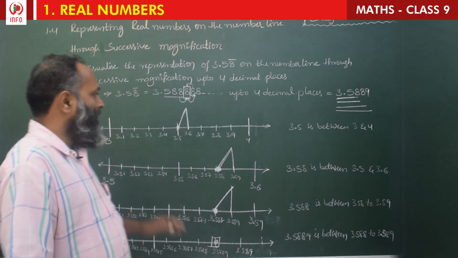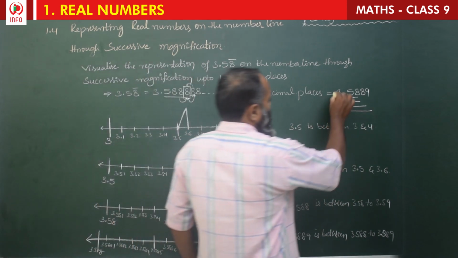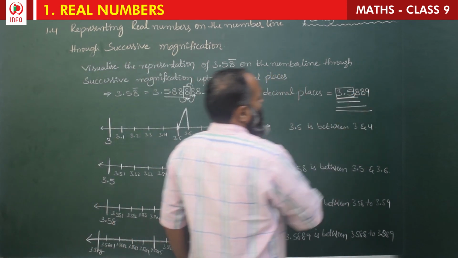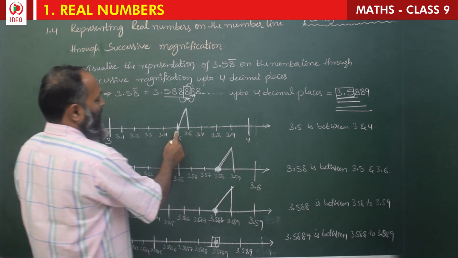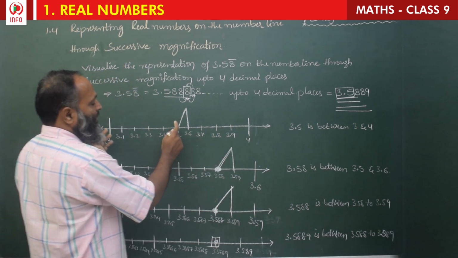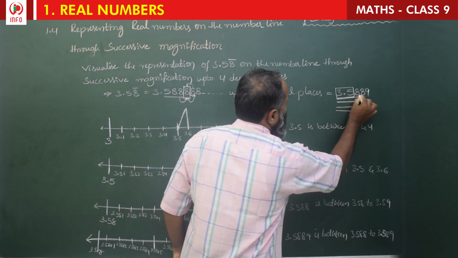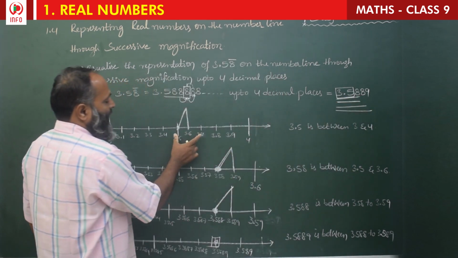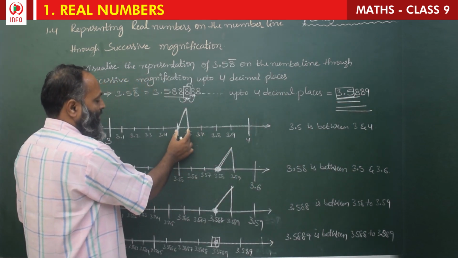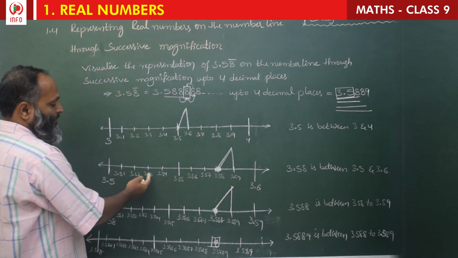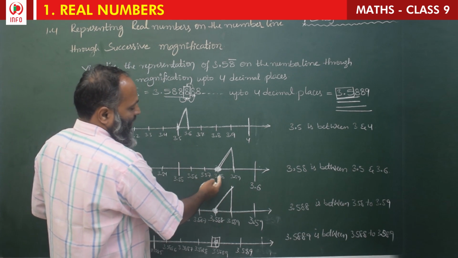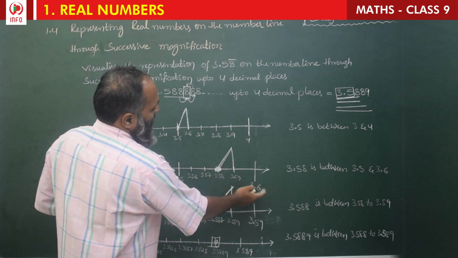First we should look at 3.5. Where is 3.5? In between 3 and 4, here 3.5. Then 3.58 we need. 3.58 is in between 3.5 and 3.6, 3.51, 52, 53, 54, 55, 56, 57, 58, 59, so 3.60.